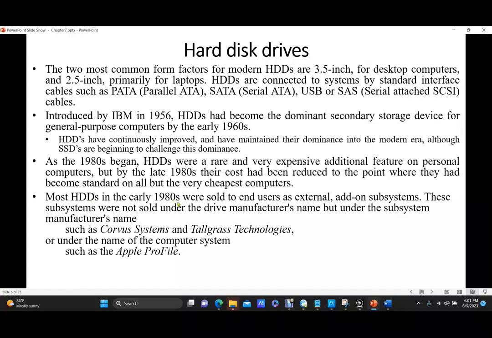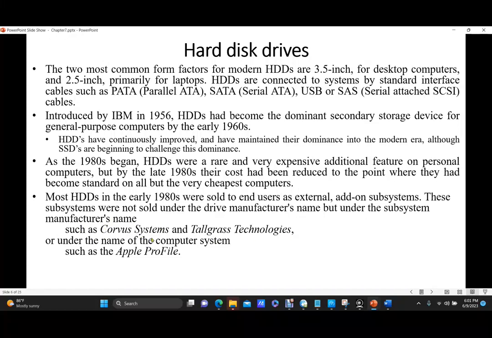Most HDDs in the early 1980s were sold to end users as external add-on systems. These subsystems were not sold under the drive manufacturer's name, but under subsystem manufacturers' names. Examples were Corvus Systems and Tallgrass Technologies.